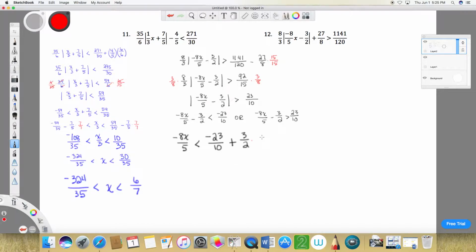So we need to multiply this 3 halves by the number 1, but write 1 as 5 over 5. So on the left, I have negative 8x over 5. And on the right, I have a common denominator 10, and negative 23 plus 15 is negative 8. If I reduce that fraction, I've got negative 8x over 5 less than negative 4 over 5. If I multiply both sides of this inequality by 5, those denominators cancel.